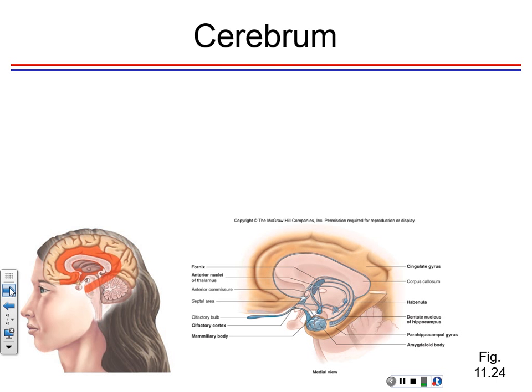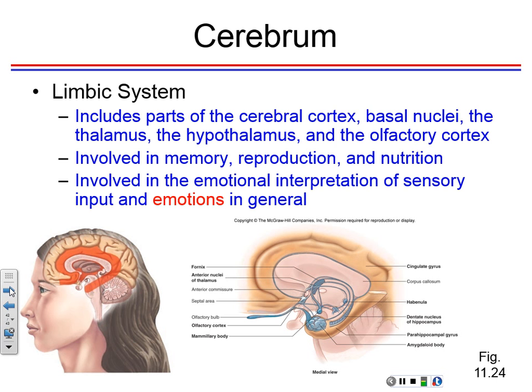Alright, so moving on with the cerebrum. The last part of this is a system that connects all these parts of the cerebrum, goes all over the place, and it's called the limbic system. A system is a group of organs that have a specific function. The biggest function of the limbic system is emotional response, because it connects all these parts that receive different sensory information.